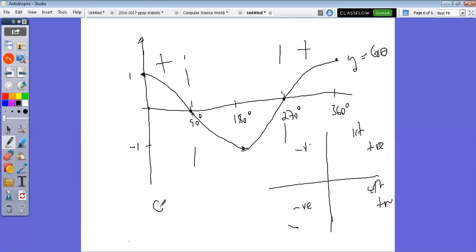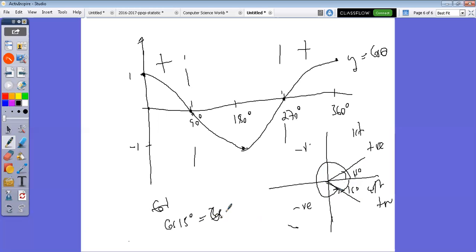Such that if I say cos 15 degrees, as an example, it is positive in the first quadrant, and also positive in the last quadrant. So it means it's the same as 360 minus 15 degrees.